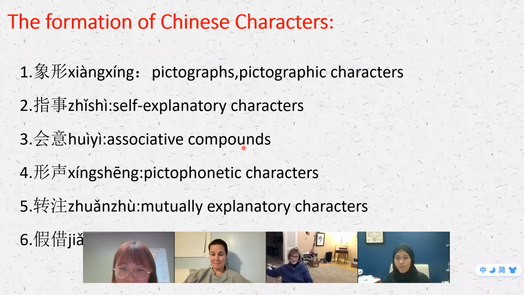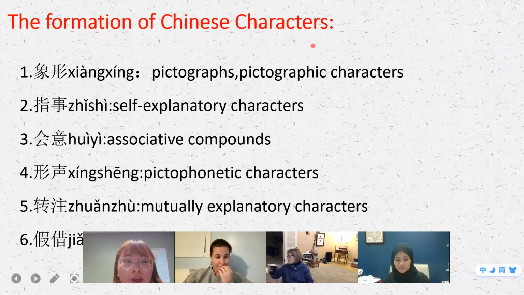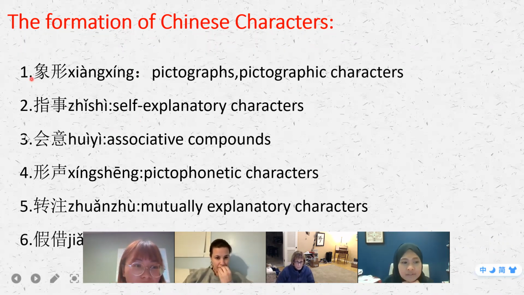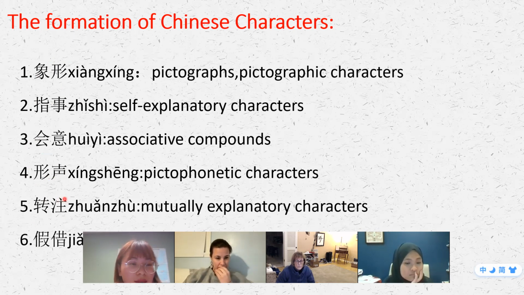Yes, so let's continue. There are four formations of Chinese characters, but for the creation of characters, only these three matter. These two are not so important, and there are not many characters formed by them.